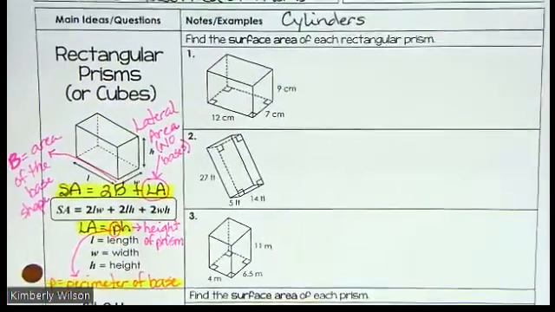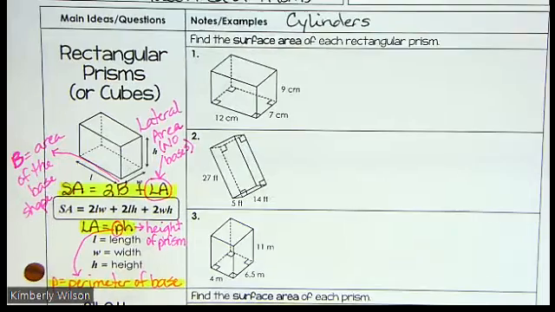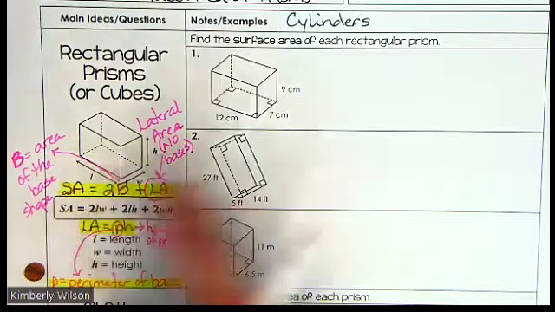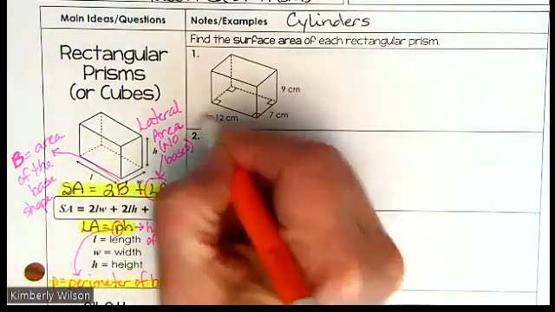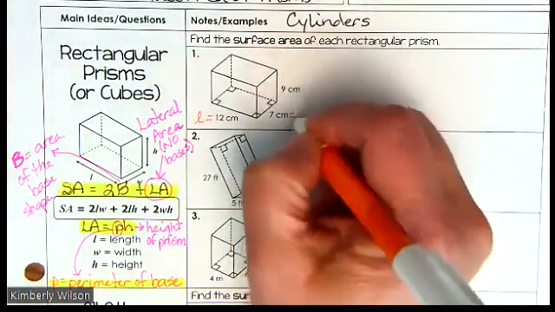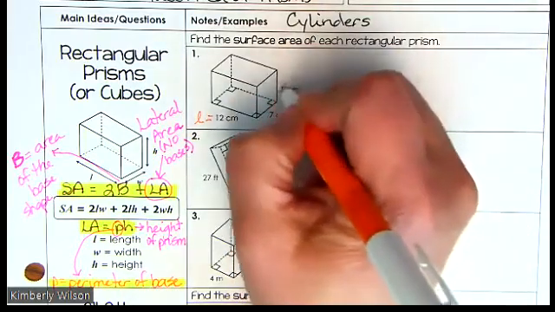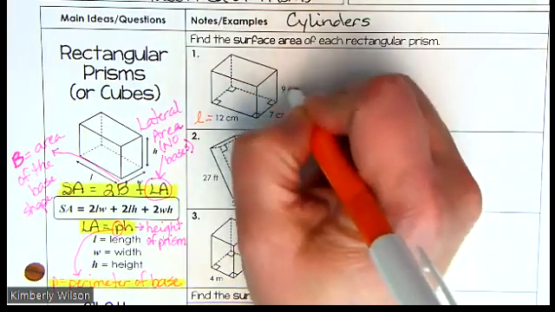First thing I'm going to do is go through and label the information on my figure. So according to my diagram here, this number right here is representing my length. The 7 is representing my width. The 9 is representing the height.